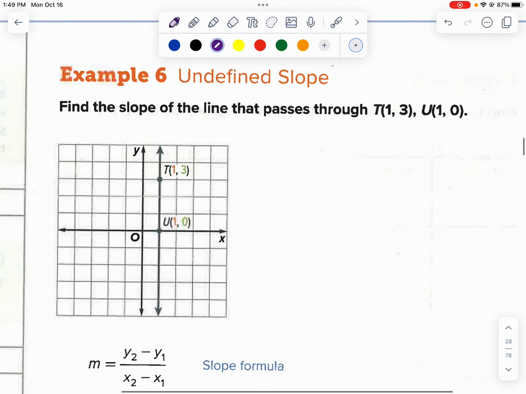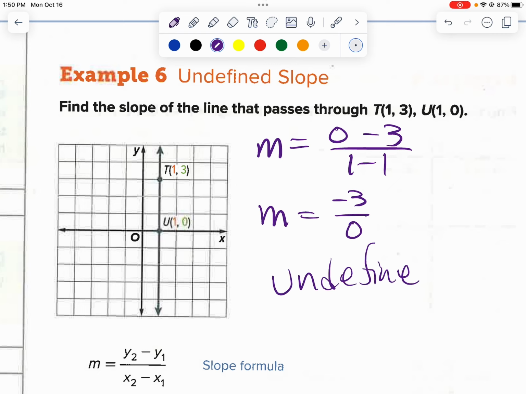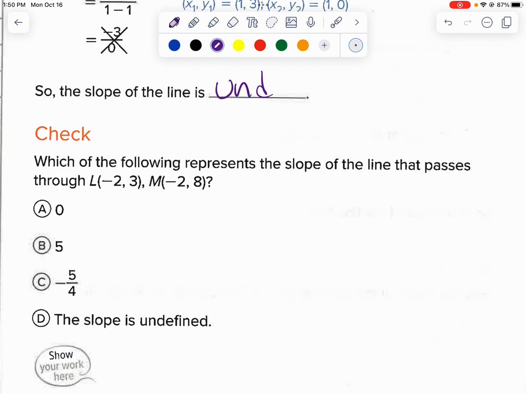Undefined slope. Okay. 0 minus 3 over 1 minus 1. -3 over 0, undefined. You can't divide by 0. Okay.